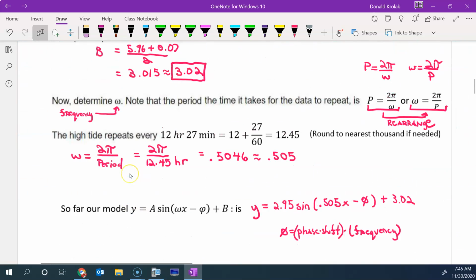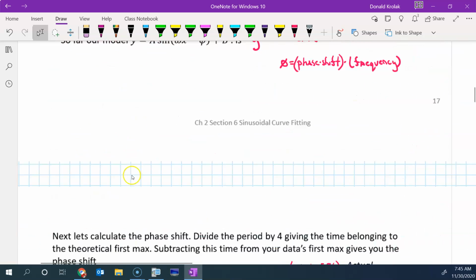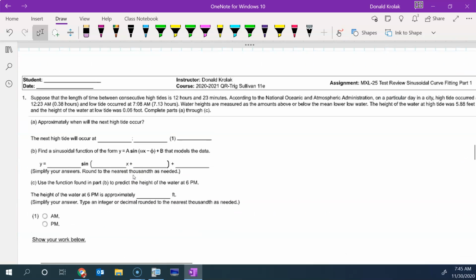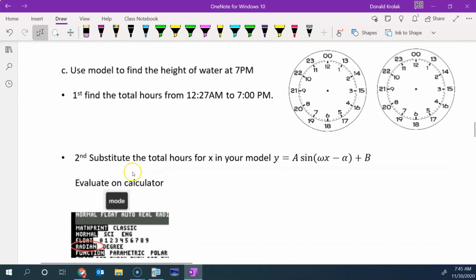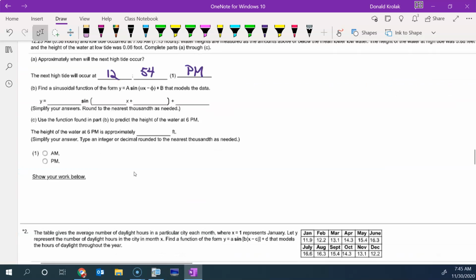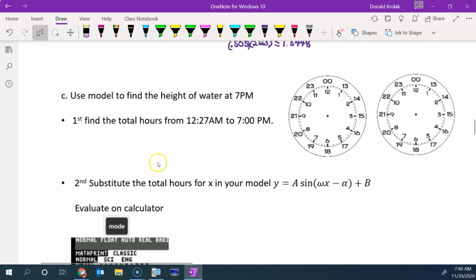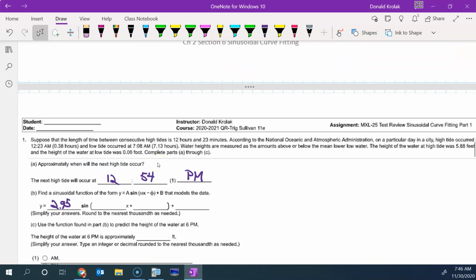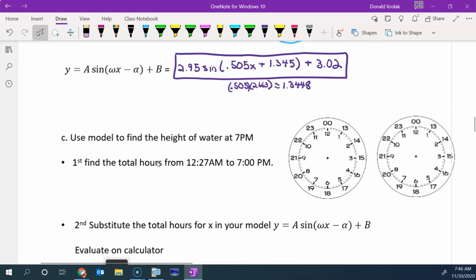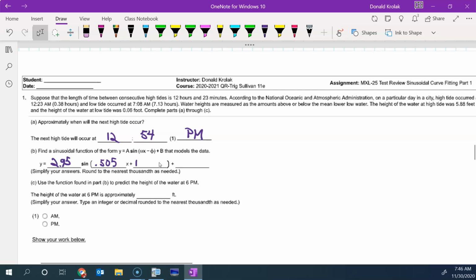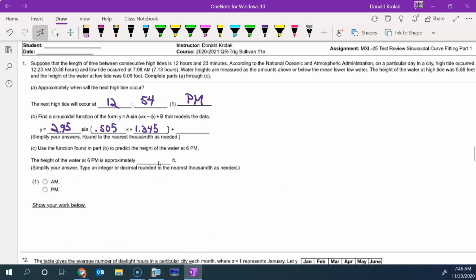In our case, our first high tide was at 12:54 a.m. So I would type 12:54, p.m. And then our formula is 2.95, 0.505x, 0.1345 and 3.02.